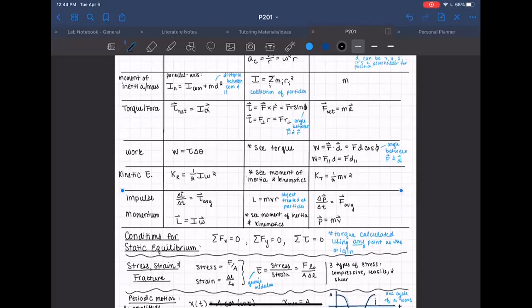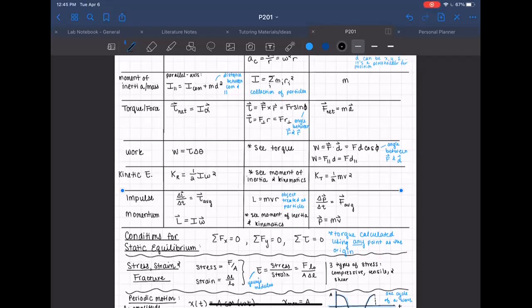So again, I have it written as FD cosine of phi, and then we have the parallel component of F times D and the F times the parallel component of D. For converting between the two cases here, essentially all you would do is either get the force from the torque if you have the distance and then get work, or if you have the change in angle, you could get the torque from the force and then plug it in to get work.